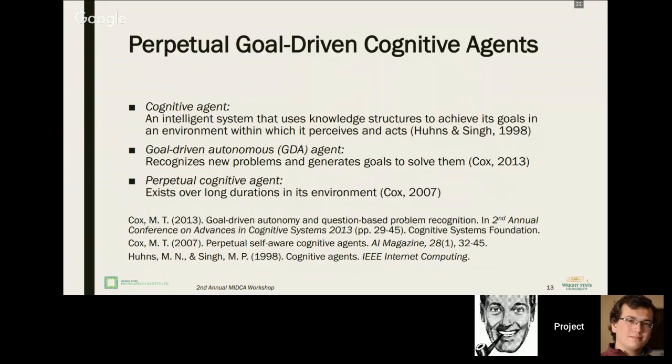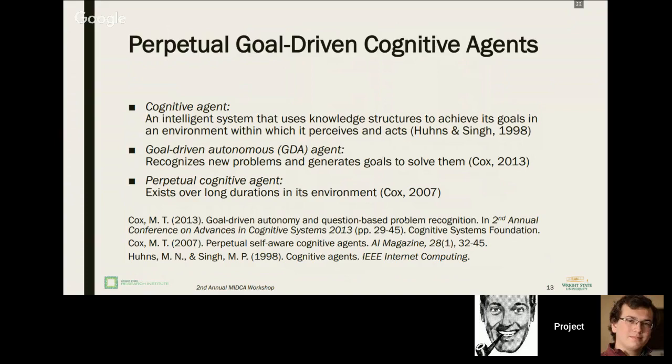A MIDCA agent can generate its own goals given some anomaly that it perceives. It can recognize when there's a problem, possibly explain what caused the problem, and then generate a goal to remove that cause.